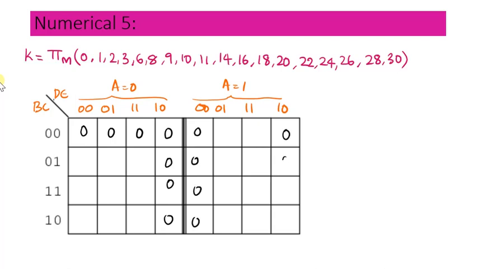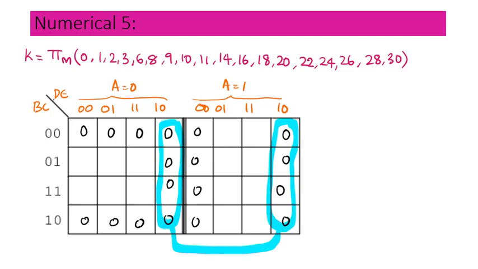So we can group these max terms and try to map it in the form of an overlap between the two 4 variable Karnaugh maps. You can observe the grouping which will be indicated in different colors. You can see that the blue color indicates that there is a grouping of the 4 variables and also it is adjacent to the A is equal to 1 group.